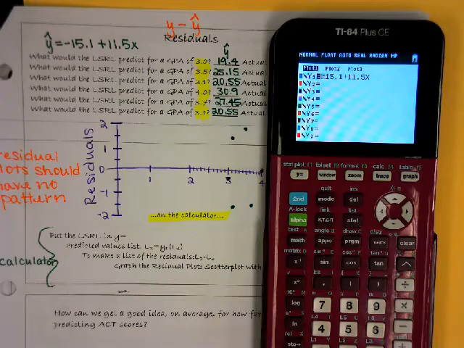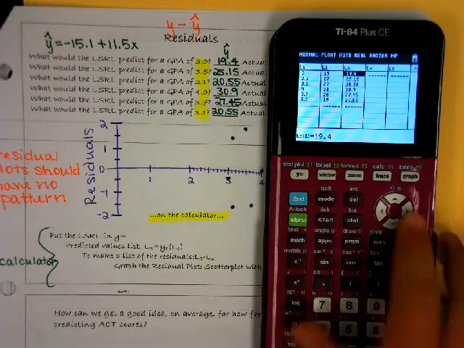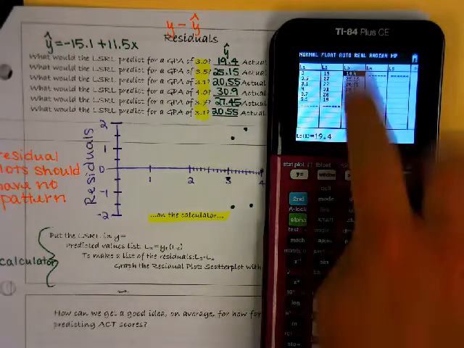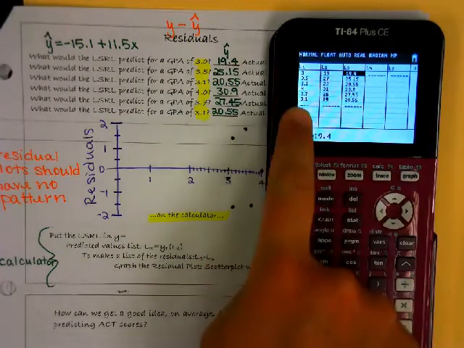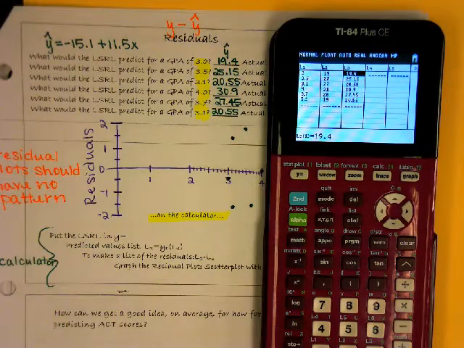So in my list, I defined list 3 to plug the x's into my regression equation, so now I have all my predicted y values, my predicted ACTs. Then I need to find my residuals. My residuals are the actual ACT data minus the predicted.